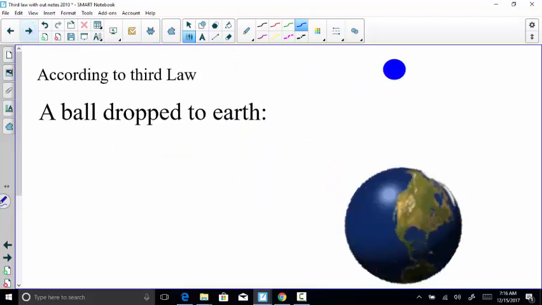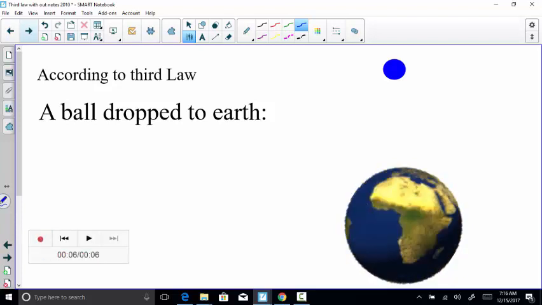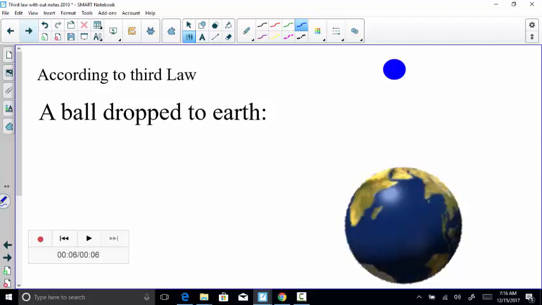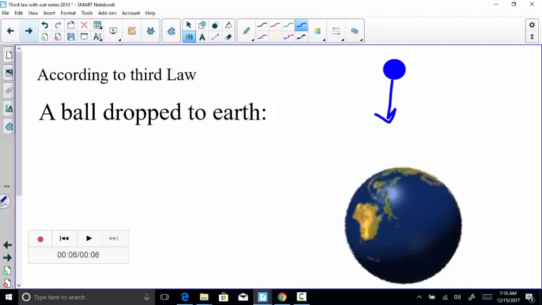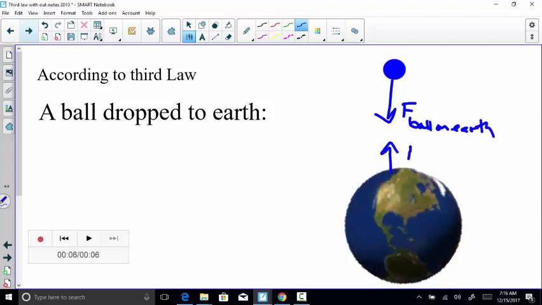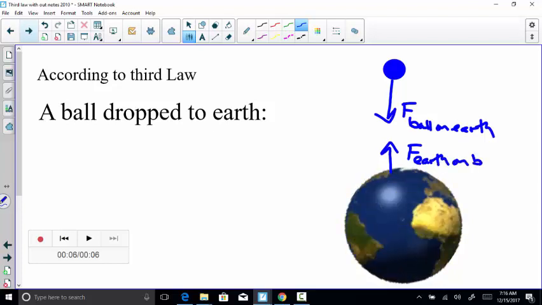Okay, so I have a kind of a better example here. So if you were to drop a ball on Earth, essentially the forces that are attracting the ball to the Earth, so there is a force of the ball on the Earth, okay, and that actually has to be equal and opposite to the force of the Earth on the ball.